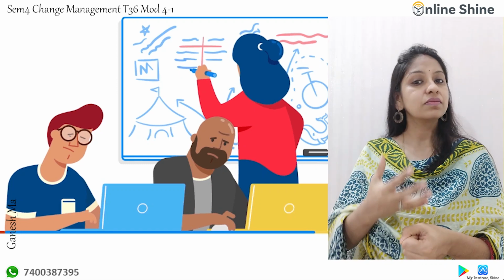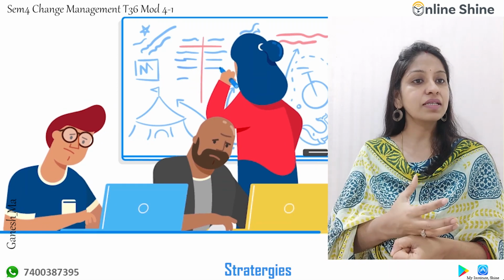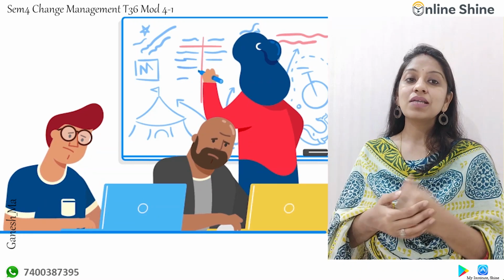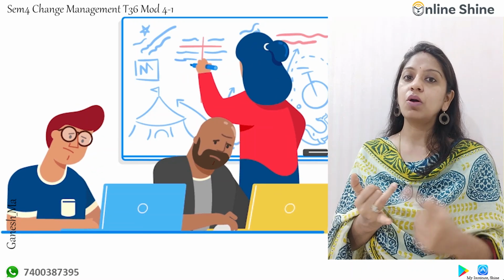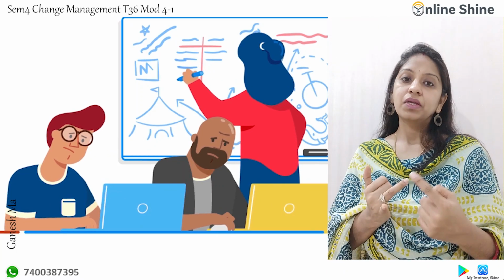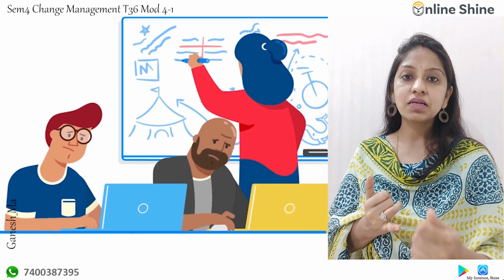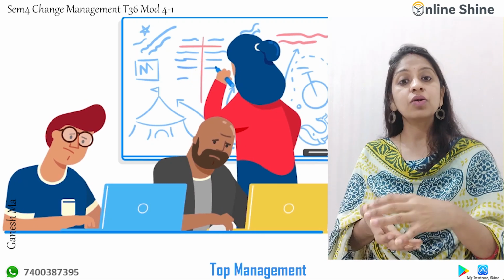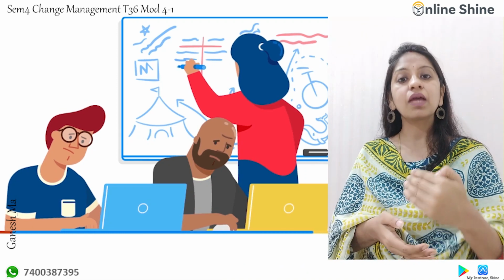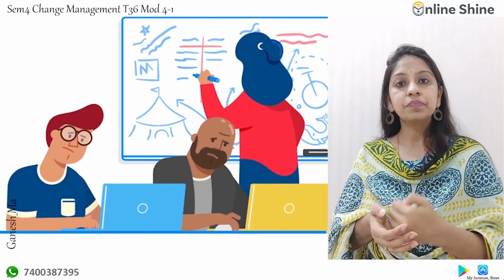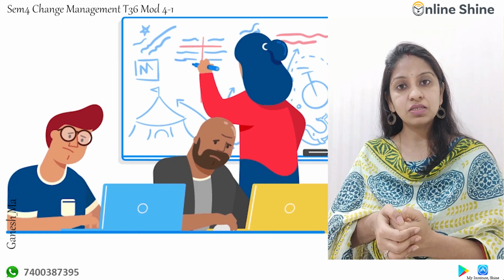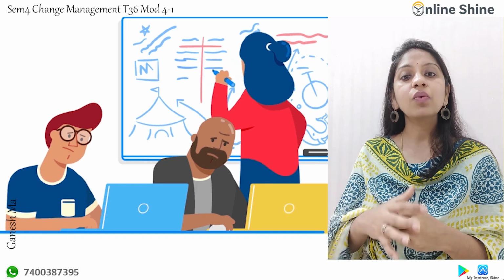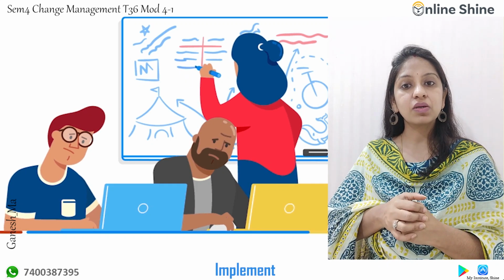So here we are going to discuss some of the strategies designed to minimize resistance to change. We'll start with honest and frequent communication, a small step where we can minimize the resistance to change, where top management can regularly communicate with the employees of the organization and tell them that we are going to bring a change and how we are going to implement that change in the organization.